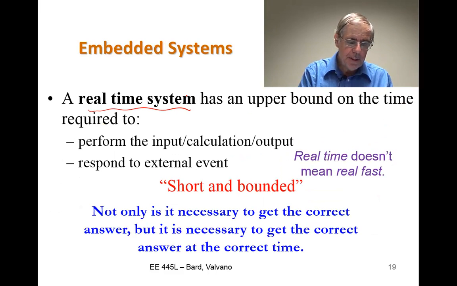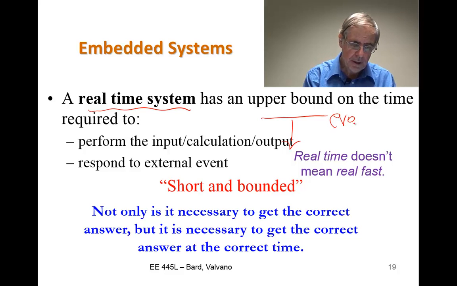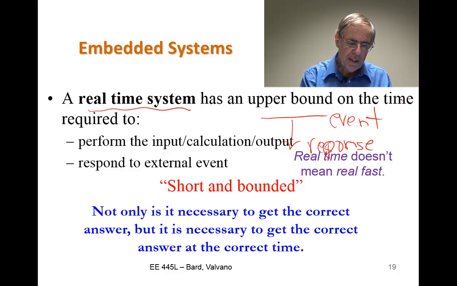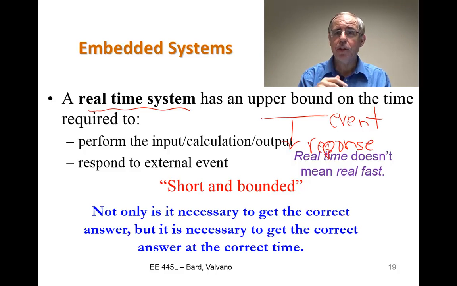A real-time system is one which has a bounded latency. That means when an event occurs, a crisis develops, the system must recognize that crisis and respond to it. So we have an event and the response to that event. In this, latency is a critical parameter, and a real-time system has a latency which always works.